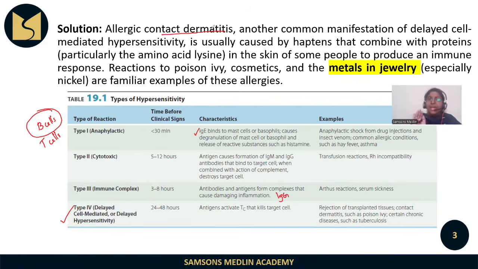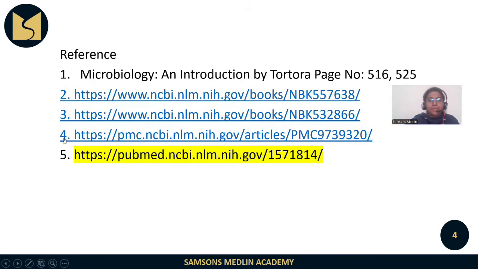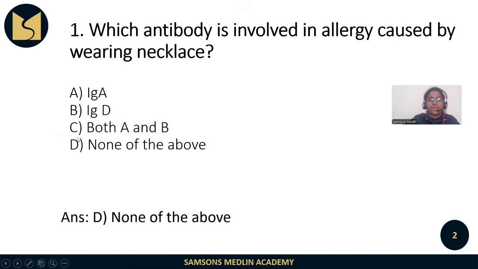It is purely type 4 and it is mediated by T cells. That is why, in the given options, IgA, IgD, then both A and B, are not mediated by any antibodies. So option D, none of the above, is the correct answer.